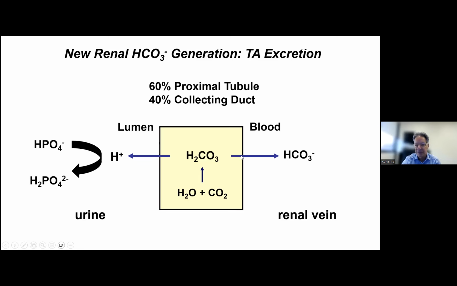We'll talk about what happens in the collecting duct, which does not express NBCE1A. It's via another protein called AE1, which is also mutated in distal RTA, and we'll show that a little bit later. So the new bicarbonate generation from this process occurs not only in the collecting duct, but also the proximal tubule. And the correct terminology for it is titratable acid excretion.